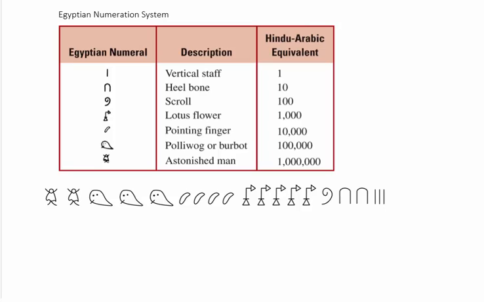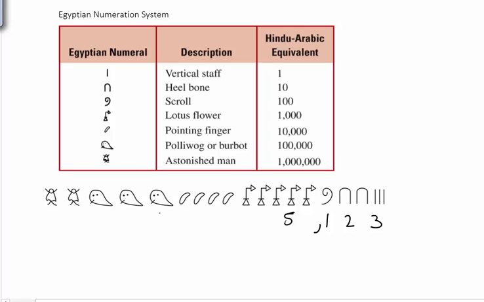So starting with the vertical staff, we have 3 of those. Then we have 2 heel bones. We have 1 scroll. So there's the first 3 digits. Lotus flowers. Okay, so we have 1, 2, 3, 4, 5 of those.